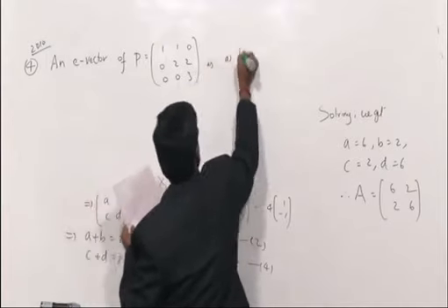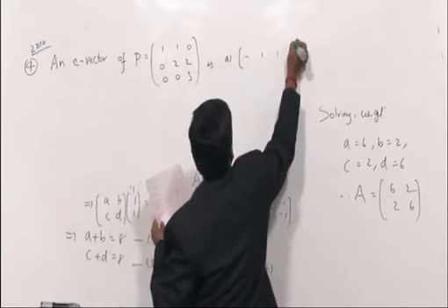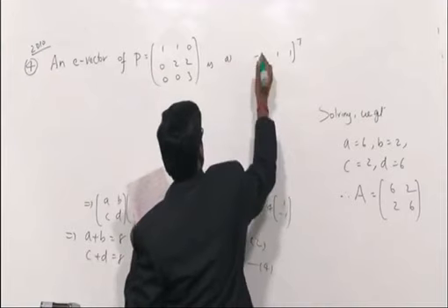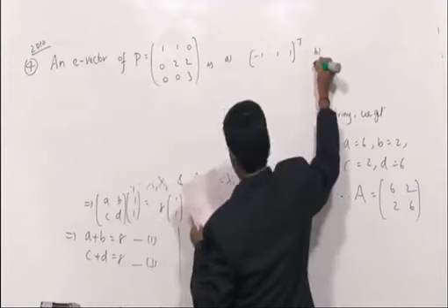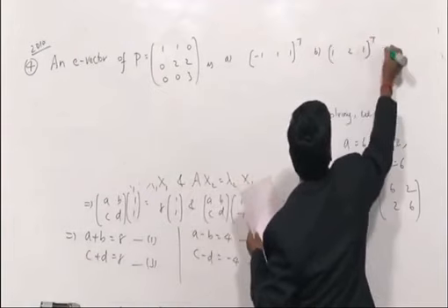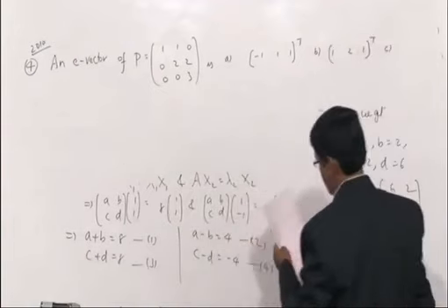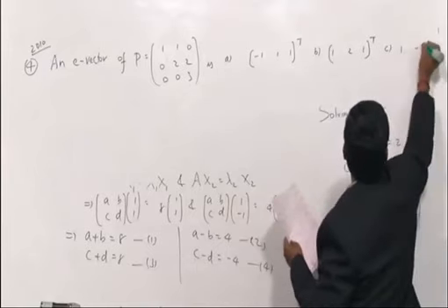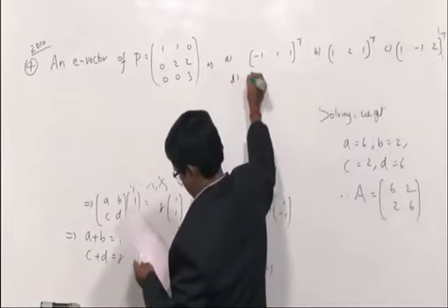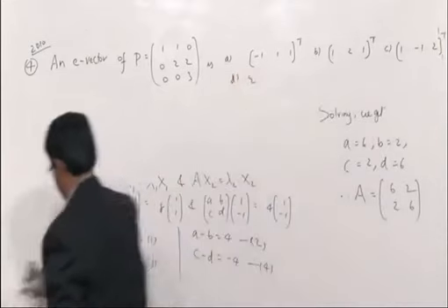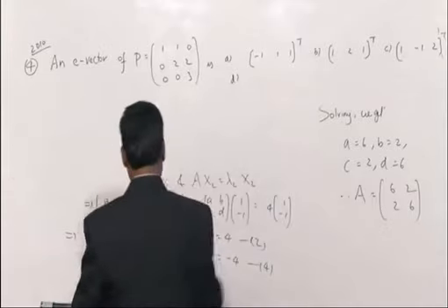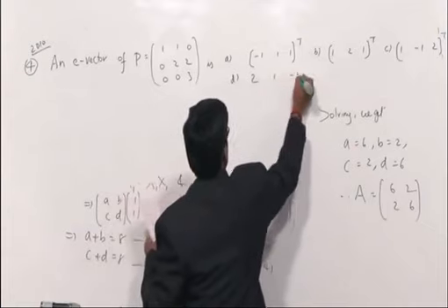A: minus 1, 1, 1 transpose. B: 1, 2, 1 transpose. Transpose of a row matrix is nothing but a column matrix, that's why the eigenvector representation is in the form of a column. C: 1, minus 1, 2 transpose. D: 2, 1, minus 1 transpose.